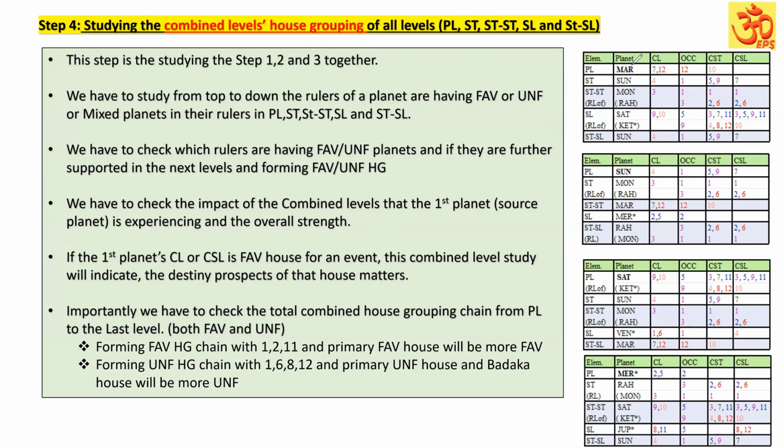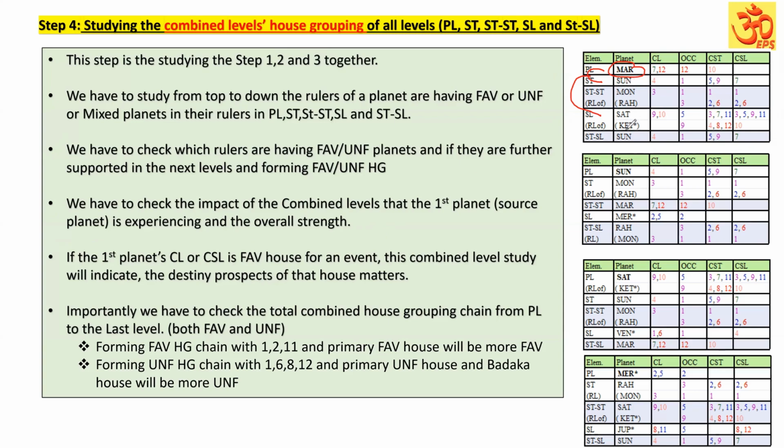The source planet is the captain of the ship, but it is going to experience the Starlord and Sublord significations. Effect and result are experienced by the source planet. So we have to check the impact of the combined levels on the first level planet. This is the first level planet, and the combined levels are these 2 and 3.